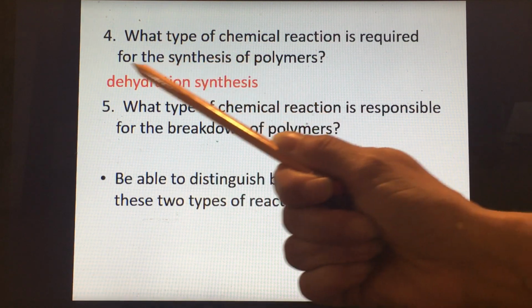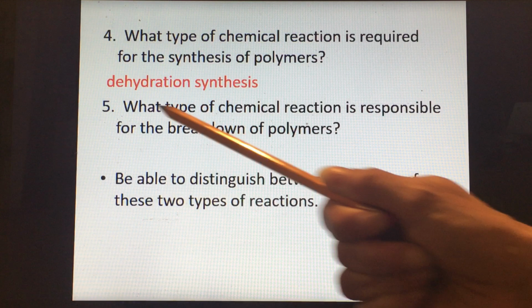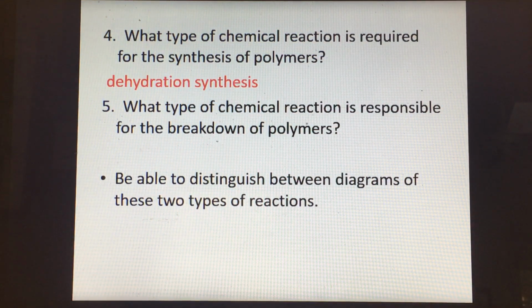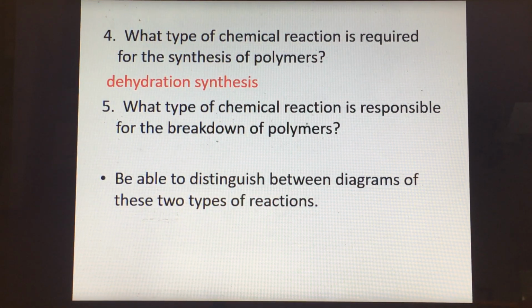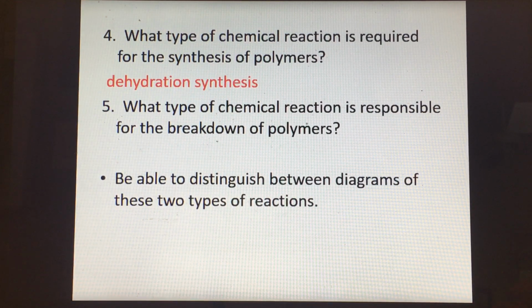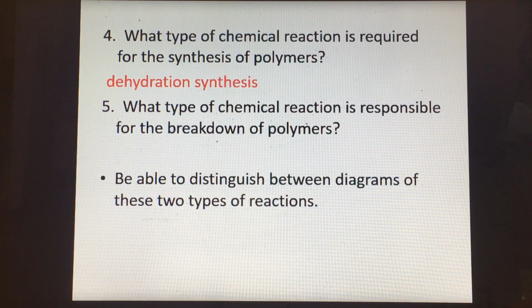So one of the things that throws students off is they use the answer dehydration synthesis early on the test and quiz and then think, oh, I already used that answer, it can't come into play again. But in fact, anytime you have the production of dimers or polymers, you're having dehydration synthesis going on in this unit.